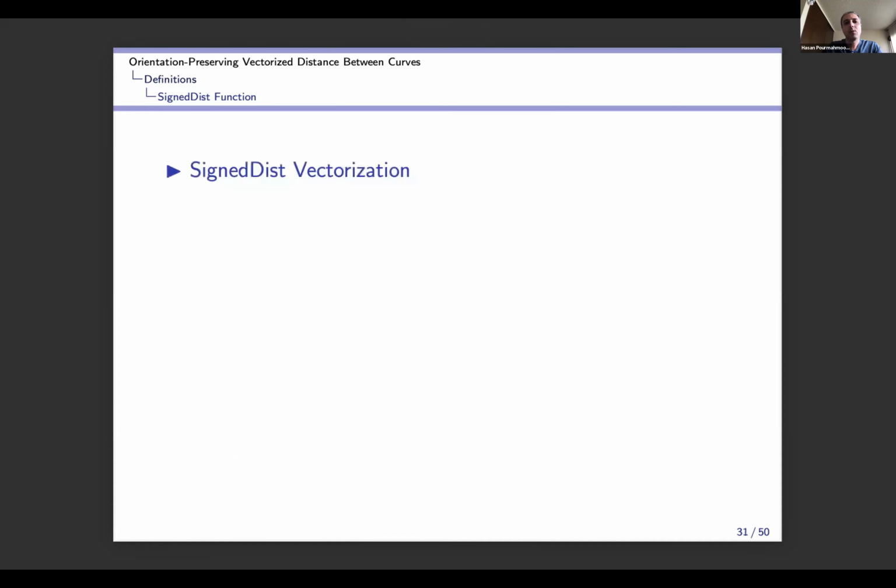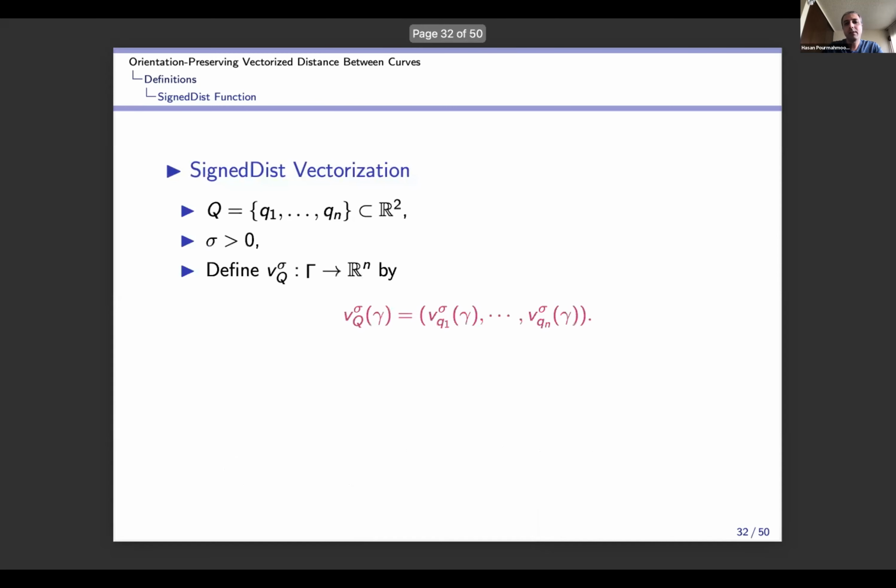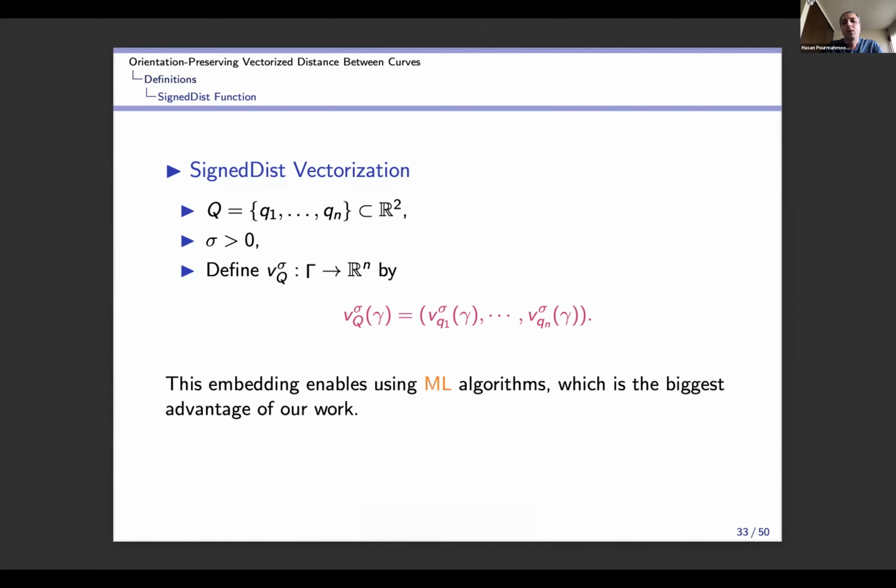Now, similar to the min-dist vectorization, we can vectorize our VQ function to get a feature mapping from the set of simple curves to R^n. And this is one of the biggest advantages of our work, because it makes it possible to use machine learning algorithms, because we're embedding everything into a Euclidean space. And so almost all algorithms are applicable.